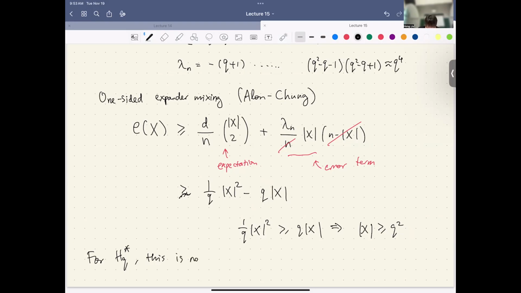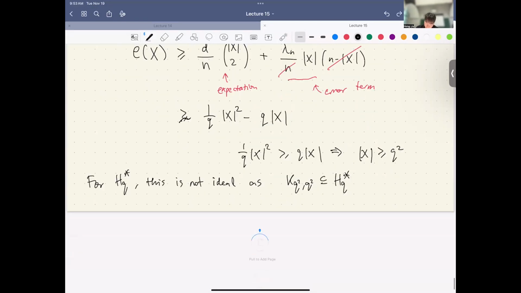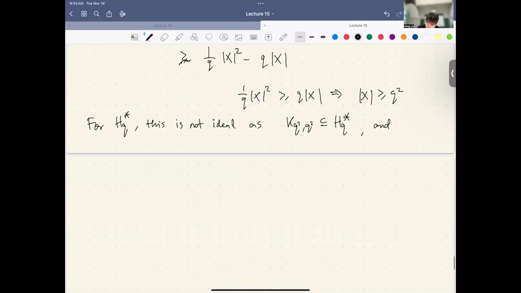This is not ideal, as K_{Q^2,Q^2} is a subgraph of HQ star, and the minimum eigenvalue of K_{Q^2,Q^2} obviously is negative Q squared.